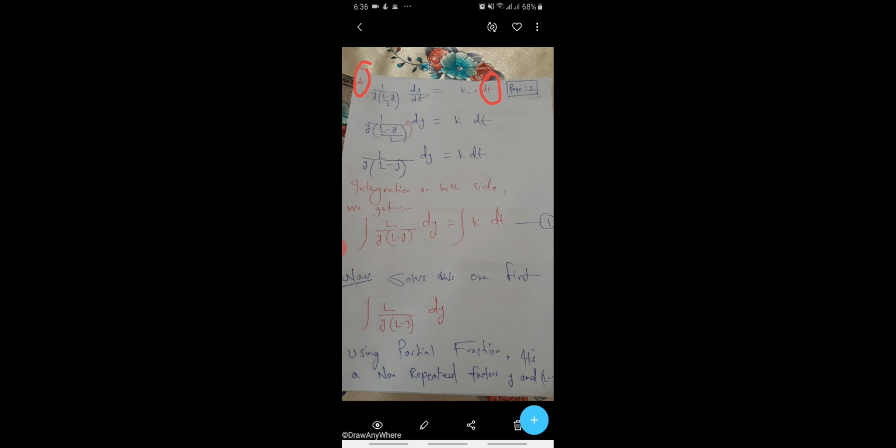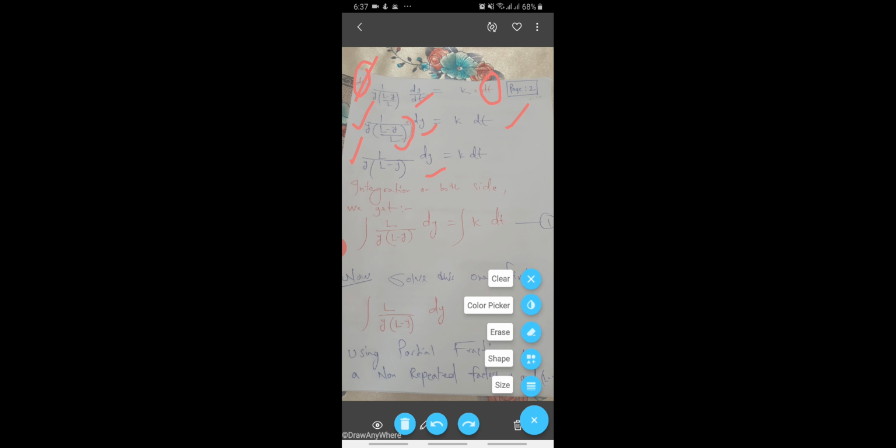So this dt and this dt cancel with each other. So in the second step, the same thing, copy and paste: dy = k dt. And as you know very well, this L will go up and it will become L divided by y(L - y) dy, and here the same thing, k dt.